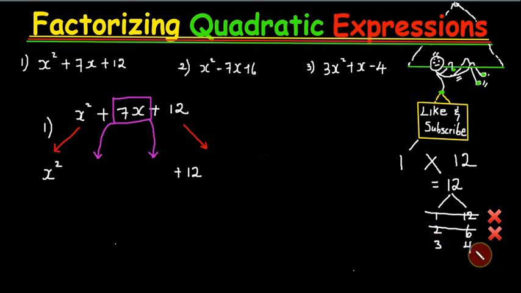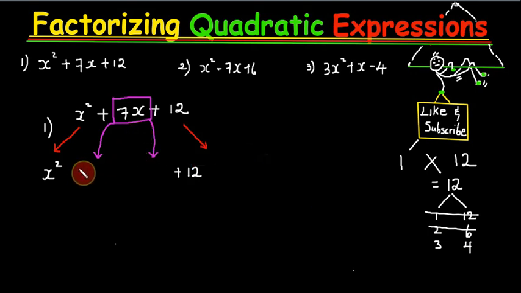Out goes you. Alright. So we have 3 multiplied by 4. This looks good. We multiply this, we get 12. And if we add them, 3 plus 4, we get 7. So we can use this. Like I said before, these numbers represent the coefficients of x.